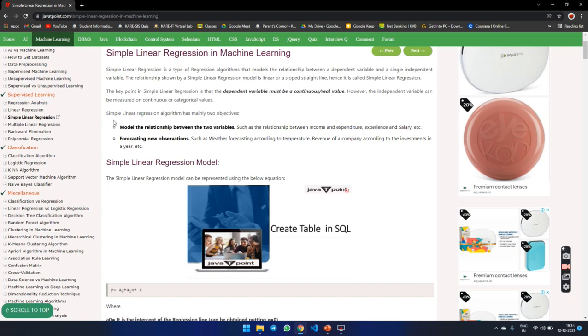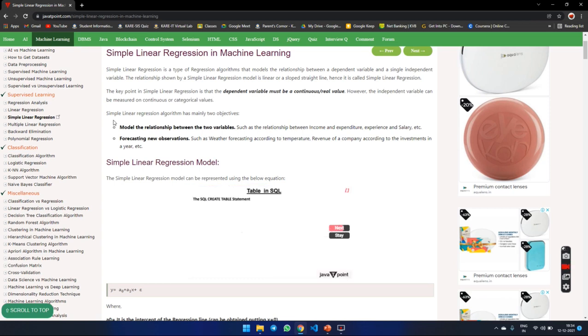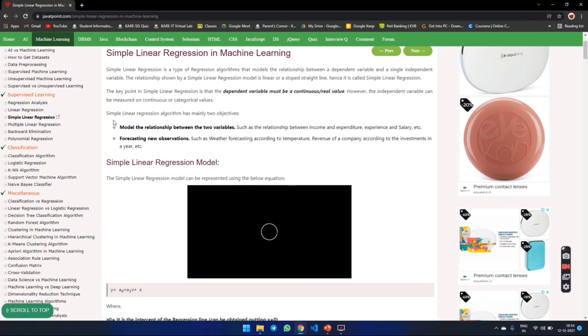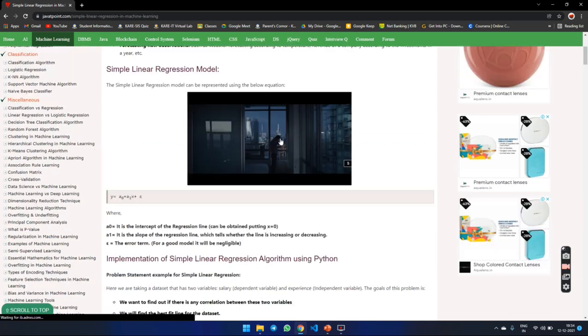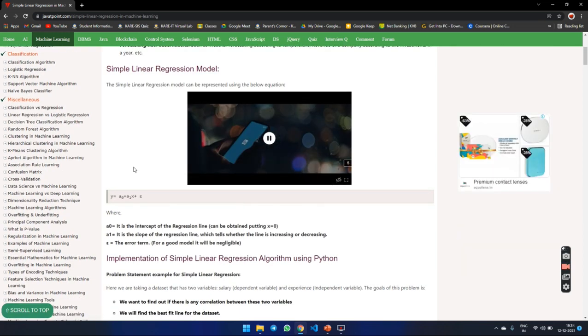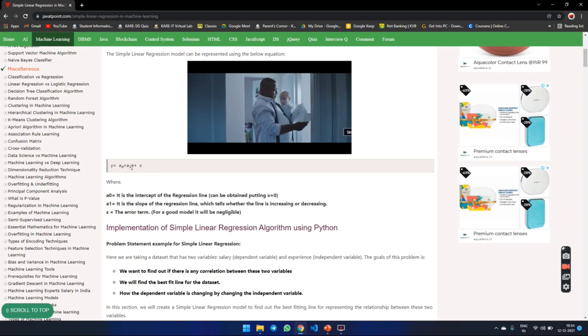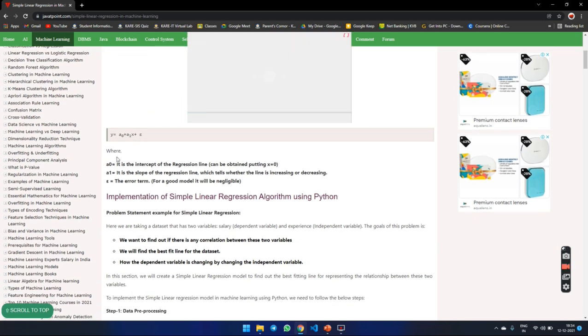The simple linear regression algorithm has mainly two objectives. Modeling the relationship between two variables, such as the relationship between income and expenditure, experience and salary, etc. Forecasting new observations, such as weather forecasting according to temperature, revenue of a company according to investment in a year, etc. The simple linear regression model is y = a0 + a1x + e.